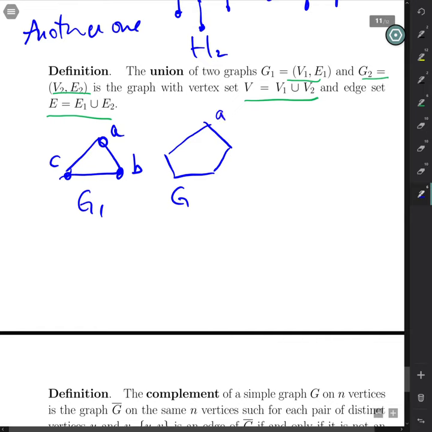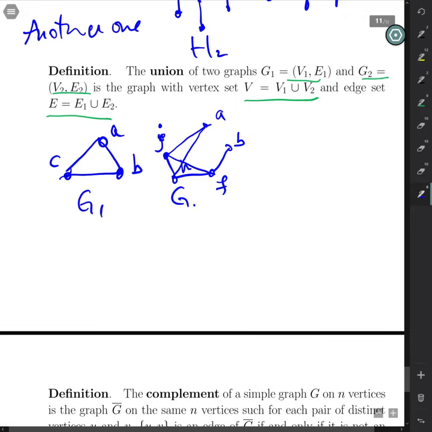So here's A, B, and then it has F and H and J. Those are its vertices. And its edges maybe connect A to H and J to F, and I think I won't connect A and B in that one.